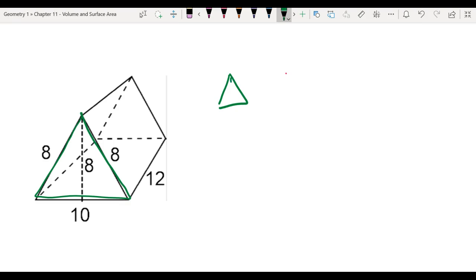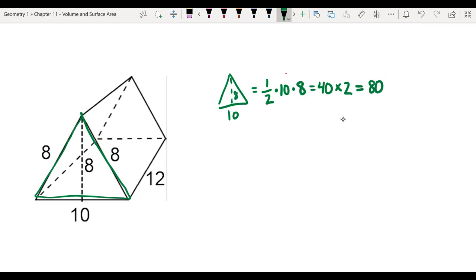I have a triangle that's 8 by 10. The most common thing that people forget about a triangle is that it's 1/2 base times height. So 1/2 base times height means what's the area of one of them? 40, but how many of them do we have? 2. So that's a total surface area of 80.